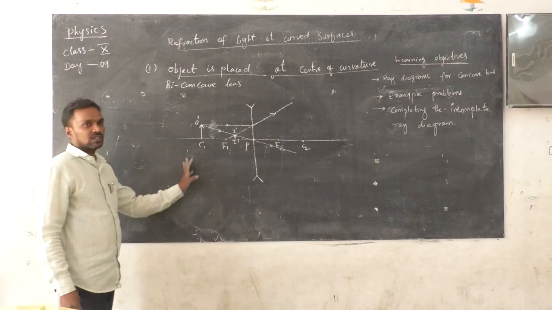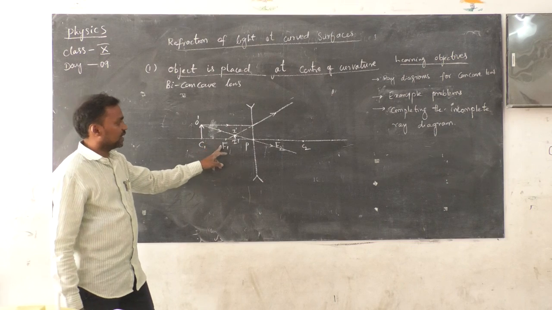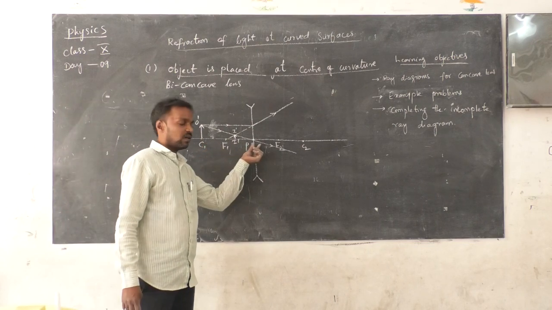Here also, in this case, the image is forming between F1 and P, that means between focus and the optic center.